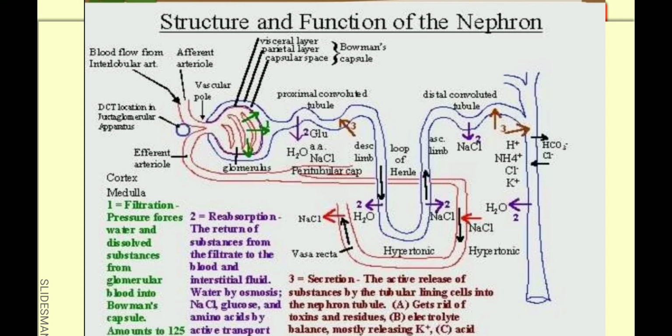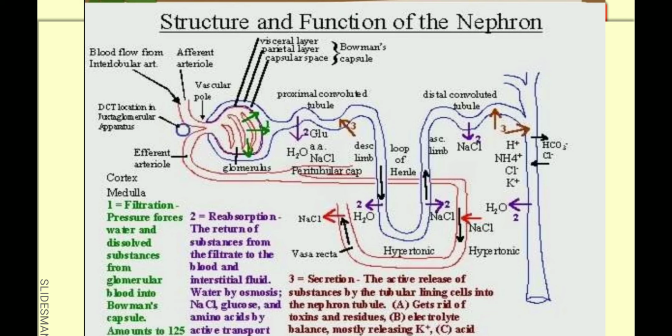So reabsorption, this is the function of the nephron wherein the substances return from the filtrate to the blood and interstitial fluid. So water moves by osmosis, wherein NaCl, glucose, and amino acids are transported by active transport. Next is secretion.